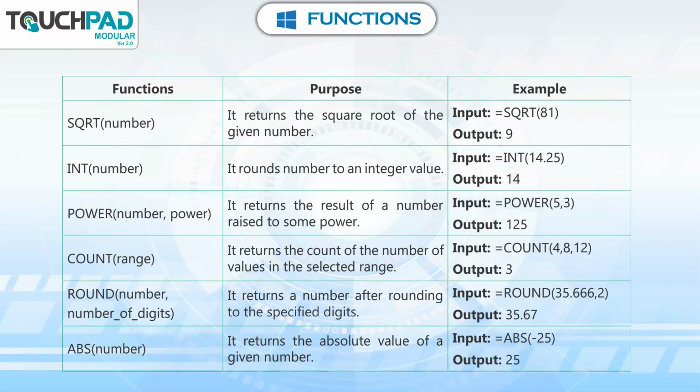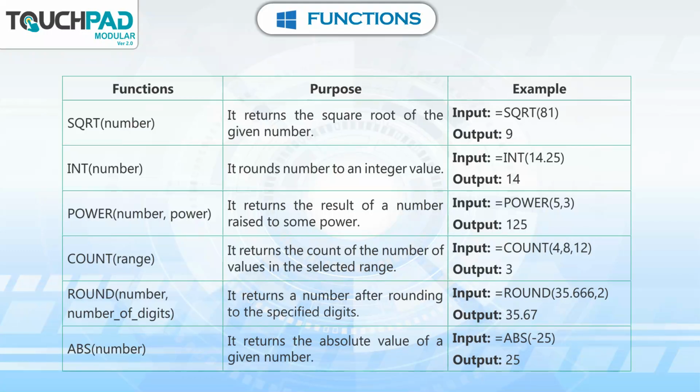Output: 125. Count, range. It returns the count of the number of values in the selected range. Input: equals COUNT(4, 8, 12). Output: 3. Round, number, num_of_digits. It returns a number after rounding to the specified digits.